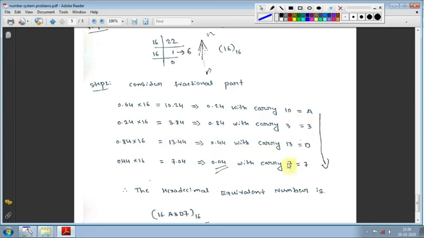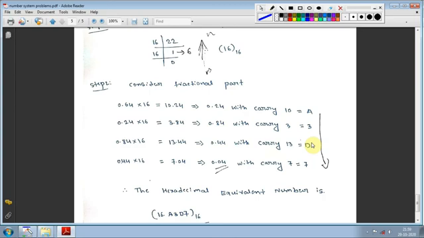You can do it for 2-3 digits, depending on the accuracy. If they want 3 digits accuracy, then you can do 3 steps here. If they want more than 3 digits accuracy, then you can go for 4 or 5 steps. Depending on the options, you have to decide whether you want 3 digits, 4 digits or in some cases 5 digits accuracy.